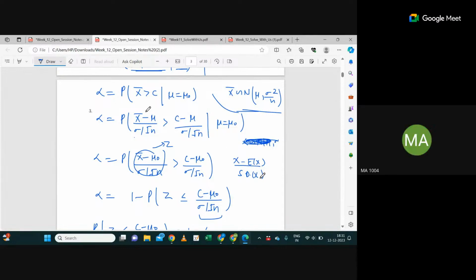Now what is your random variable now? It's x bar, the sample mean. What is the expected value of x bar? It's mu. And what is the standard deviation of x bar?